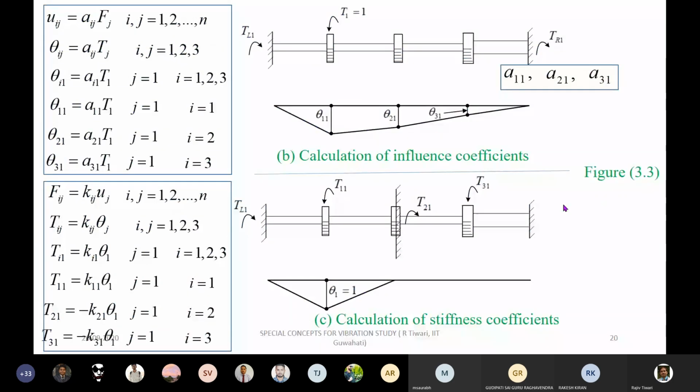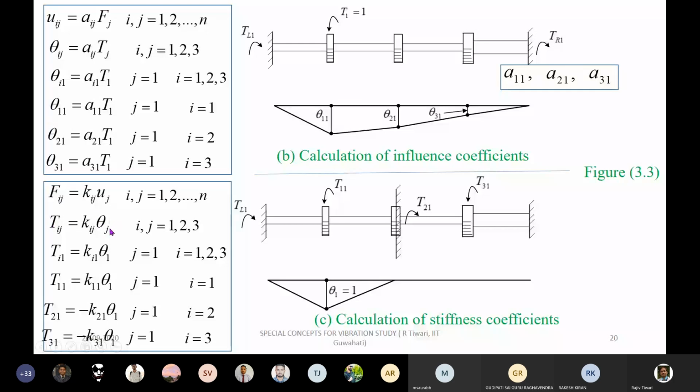So in place of obtaining the influence coefficient, the stiffness influence coefficient, how we defined that earlier was Fij is equal to Kij Uj. For this particular problem, F is torque and U is theta, so let us concentrate on this.